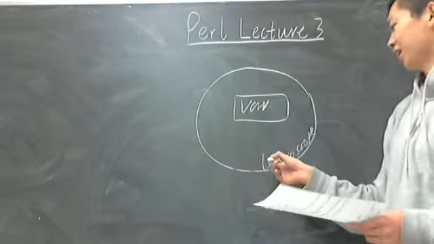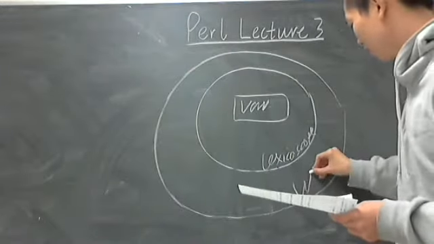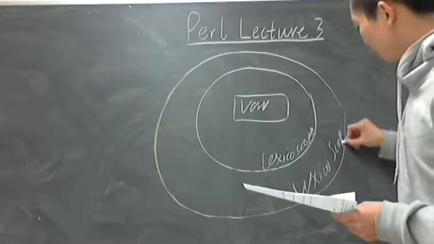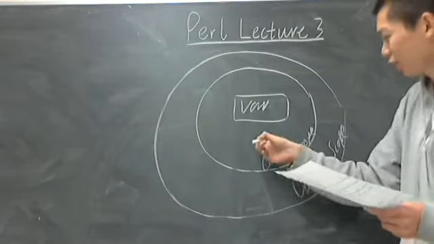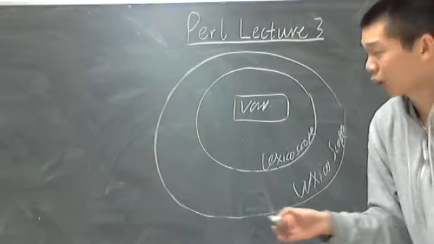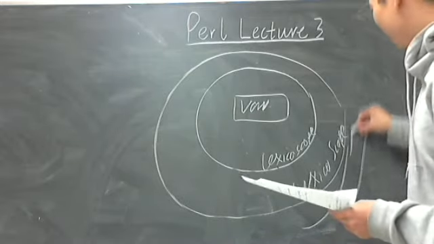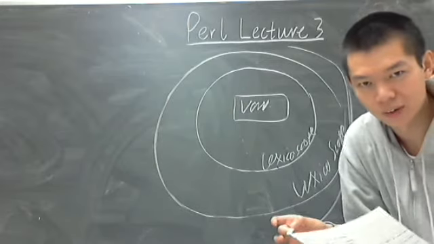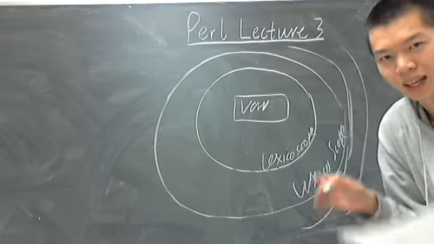If it doesn't find it, it looks in another lexical scope, but this lexical scope is bigger than the first one, and the inner one is nested within this outer one, okay? So then Perl keeps making these searches until you get the whole file, okay? The whole file is the biggest lexical scope that can be.